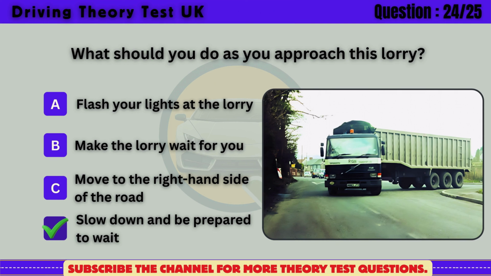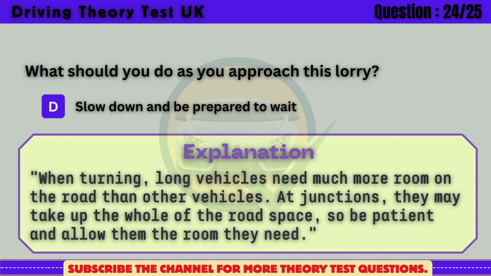Answer was D. Slow down and be prepared to wait. When turning, long vehicles need much more room on the road than other vehicles. At junctions, they may take up the whole of the road space, so be patient and allow them the room they need.